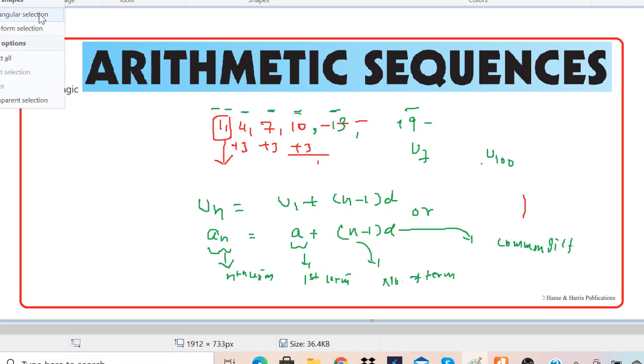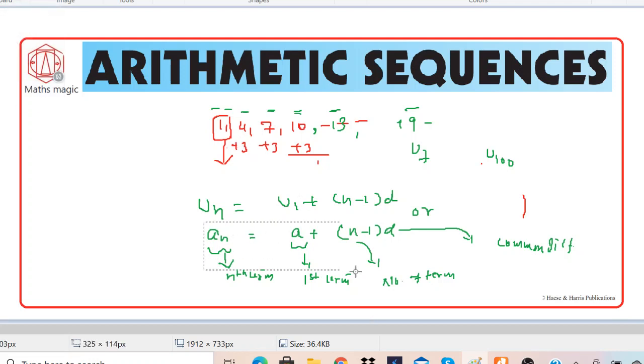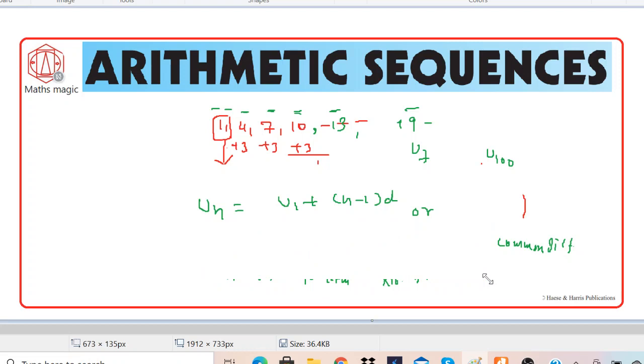So let me erase this, then I'll give you an example which will help you to understand how you can use this formula. Let's say we have to find the 100th term of this sequence which we have on the screen. How can you find that? First of all, you have to write a few pieces of information available in this sequence.